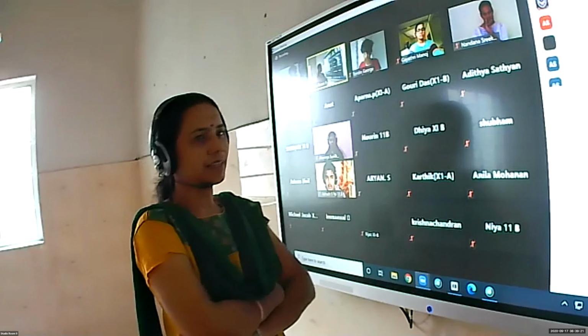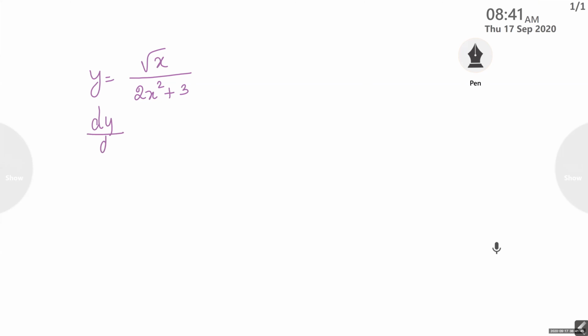So listen, the one thing we have to check here is, in this function no y is there. So we should name the function as y. y is equal to f of x. Whenever y is not there, we have to name the function as y. So what will be dy by dx here?